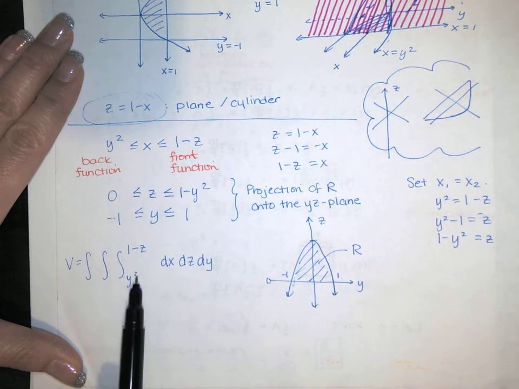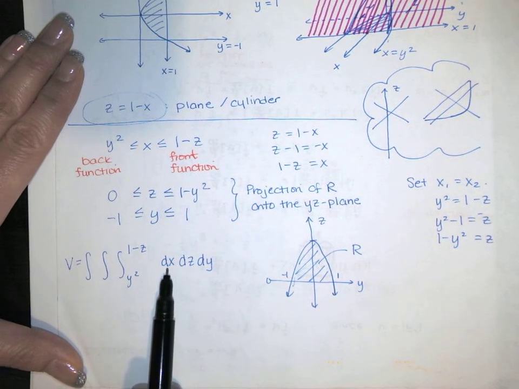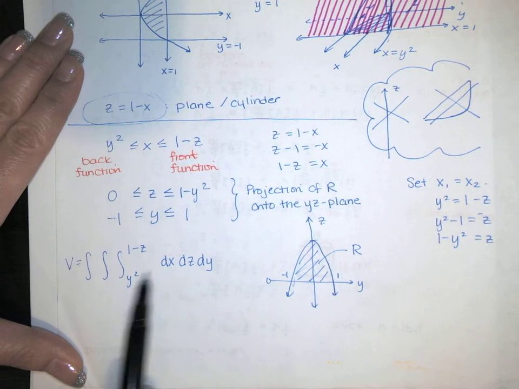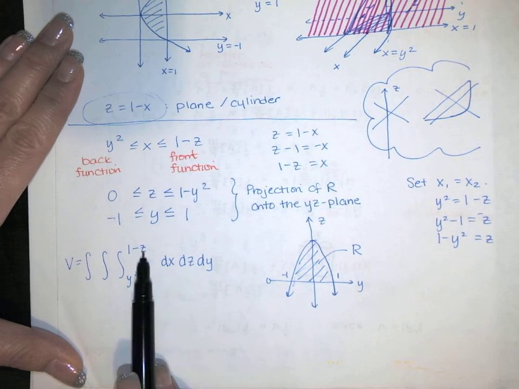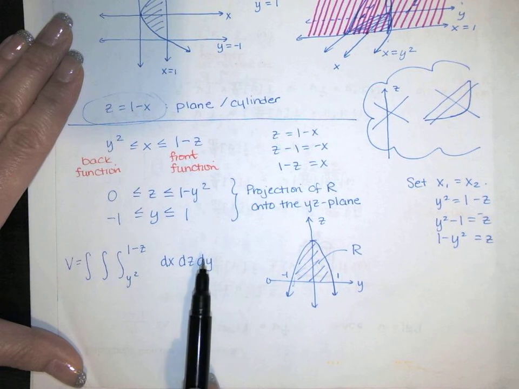But these bounds for x can depend on z and y, and they do. Now the bounds for z aren't allowed to depend on x, because I've already integrated with respect to x. I've already replaced all of the x's with functions of y and z, so I can't bring x's back into the picture after I've integrated with respect to x.